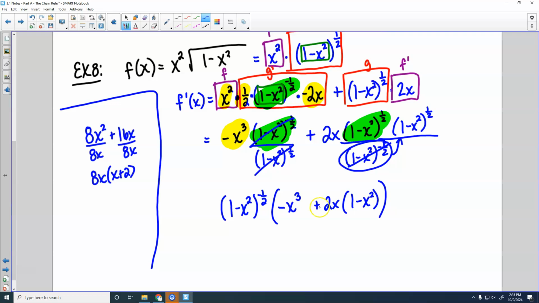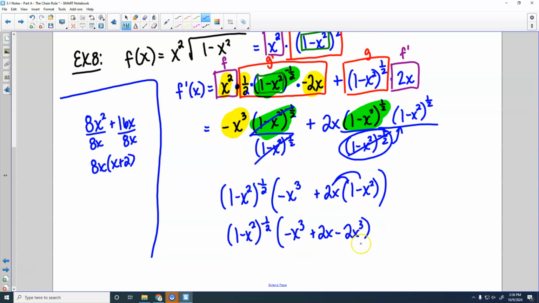Which is wonderful because now we can just distribute and combine our like terms here. (1 minus x squared) to the negative 1/2. And then we're going to get negative x to the third plus 2x minus 2x to the third there.